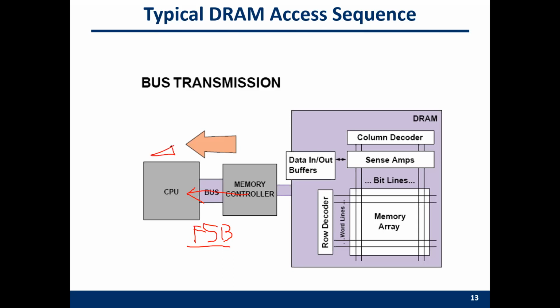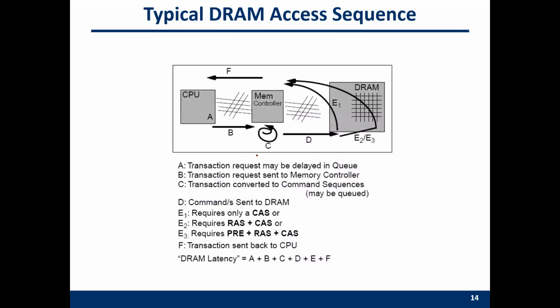So the CPU, of course, prefers a faster bus. So let me summarize the whole process. First, the CPU initializes a read operation. And then it sends this read operation to the memory controller.